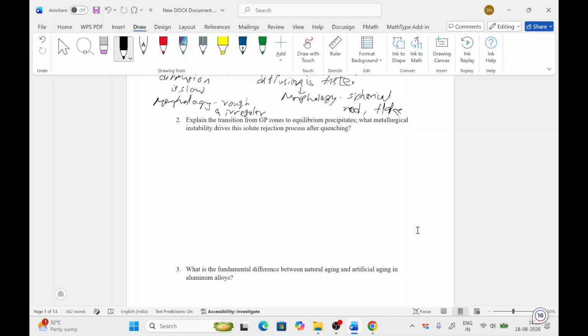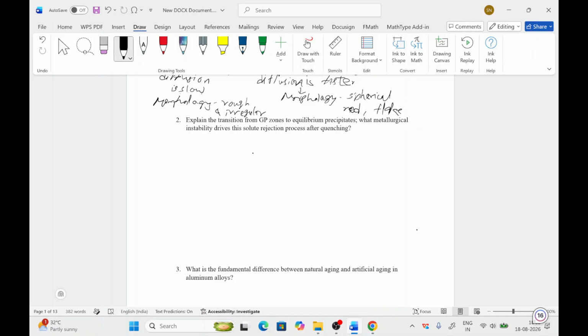After quenching means we heat the material to dissolve the solute atoms completely in the aluminum matrix. Then quenching makes the supersaturated solid solution. Then after quenching, we keep the material at room temperature or high temperature.